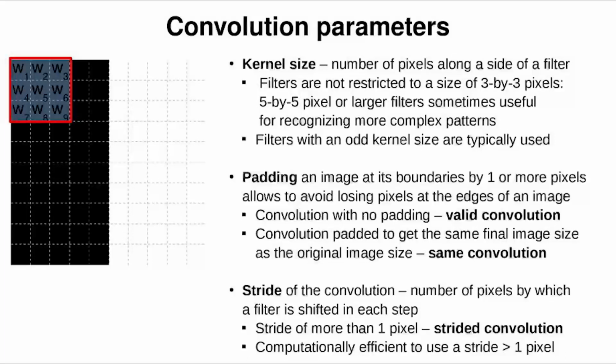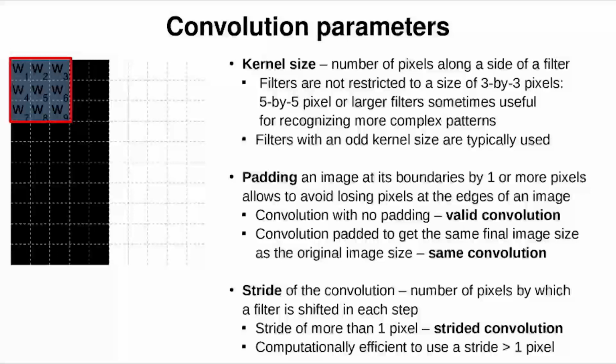Convolutions performed without padding are referred to as valid convolutions, and convolutions performed on images that have been padded so as the transformed image is the same size as the original image are referred to as same convolutions. The term padding is used to denote the parameter that defines how many pixels have been added at the boundaries of the original image on every side.